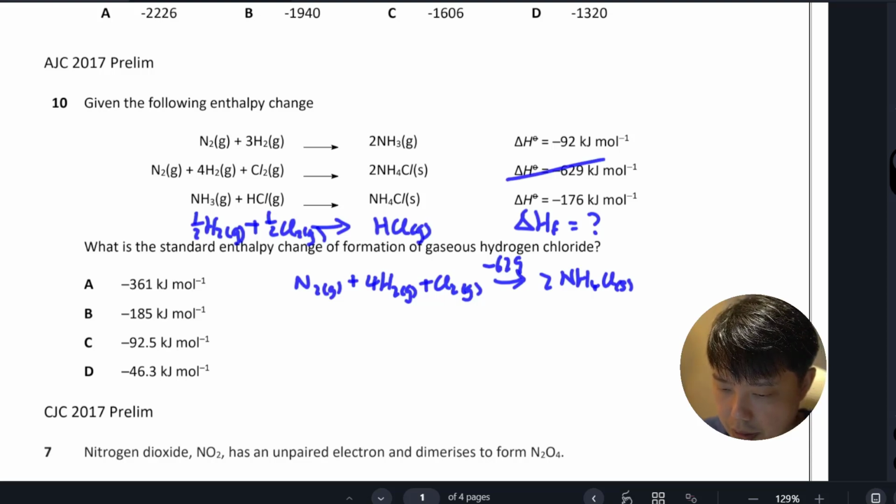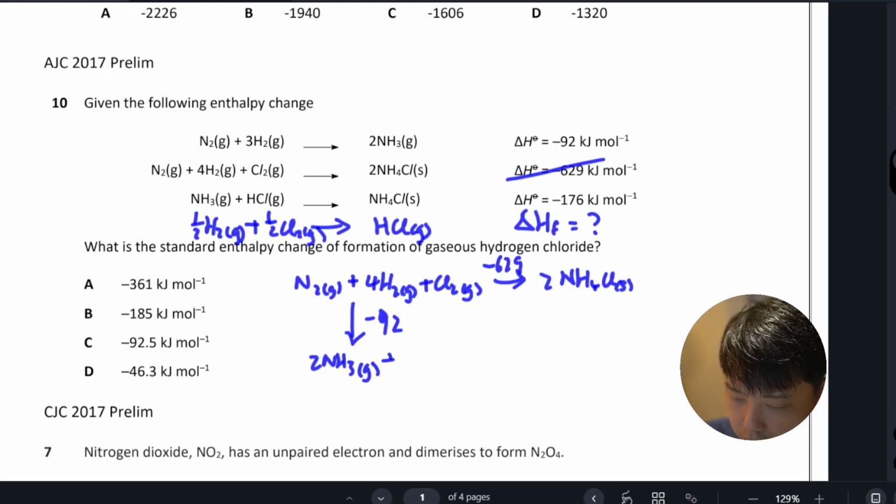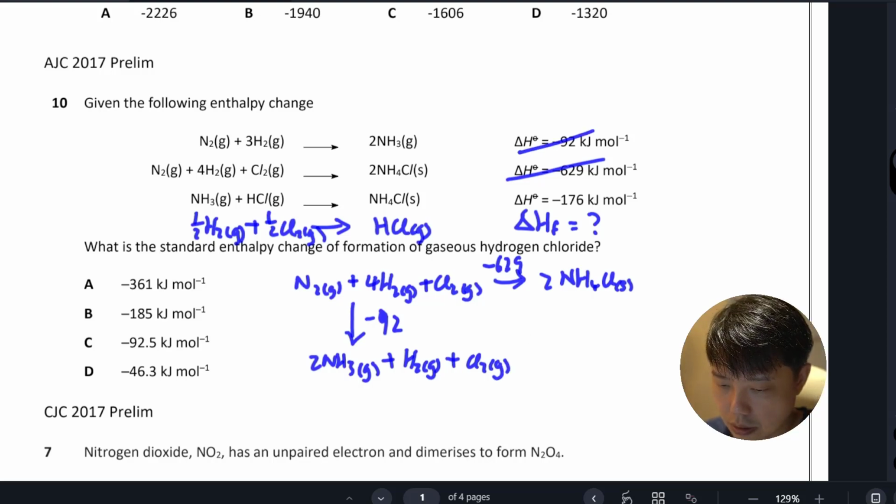Then the second thing that we can do again with nitrogen, right? Use 1 nitrogen, 3 H2. We'll get 2 NH3 plus Cl2 gas. Okay, so first equation here.